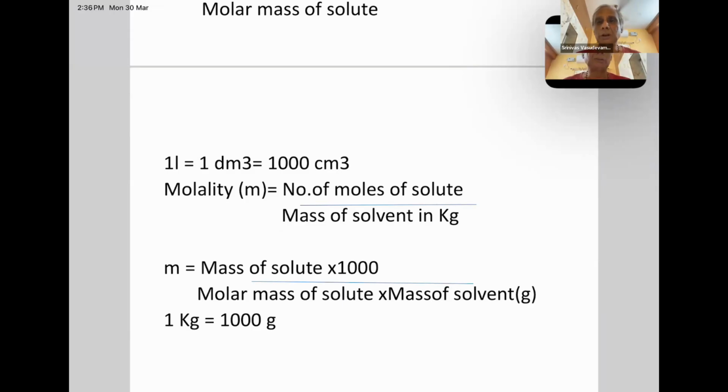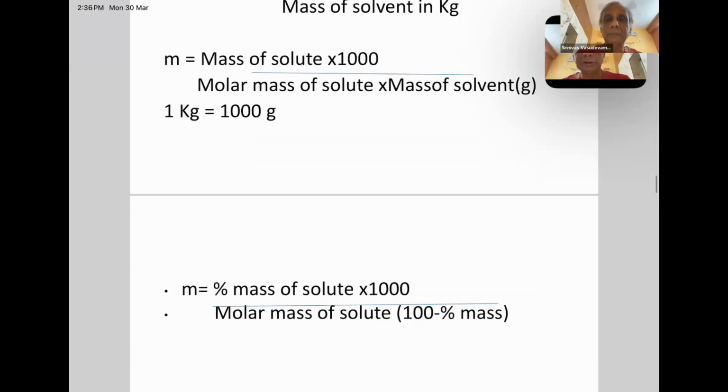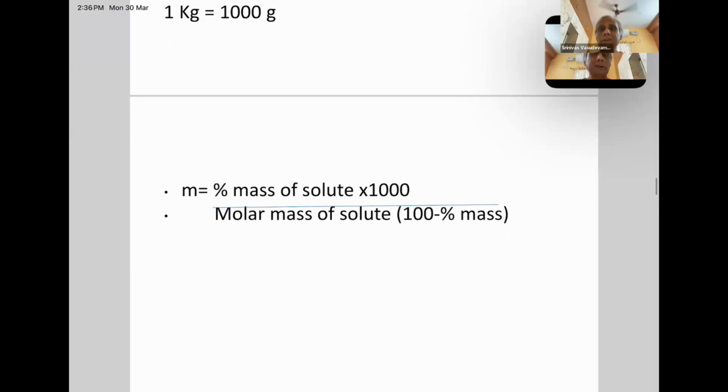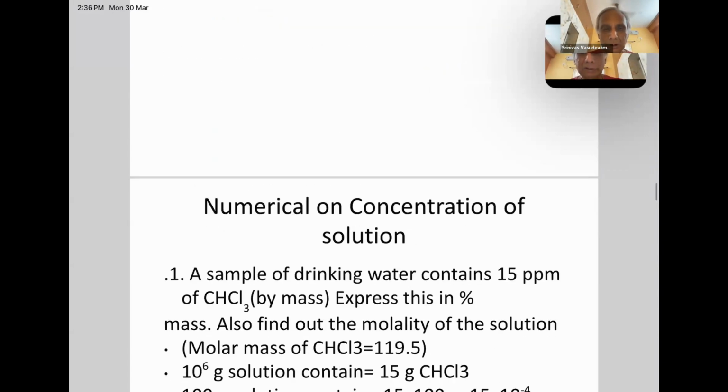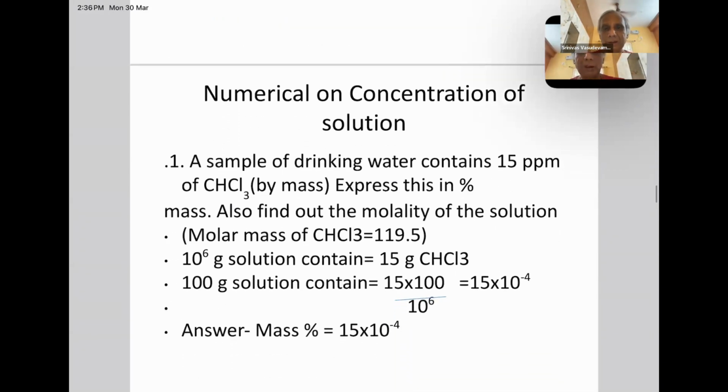Molality: number of moles of solute divided by mass of solvent in kilogram, or mass of solute divided by molecular mass of solute into 1000 by mass of solvent in gram. 1 kilogram equals 1000 gram. In terms of percentage mass: percentage mass of solute divided by molecular mass of solute into 1000 divided by 100 minus percentage mass of solute.